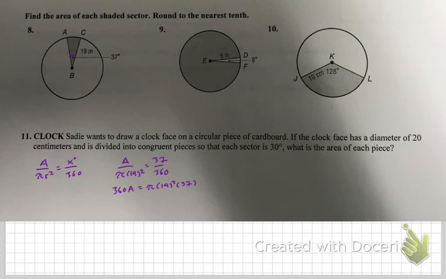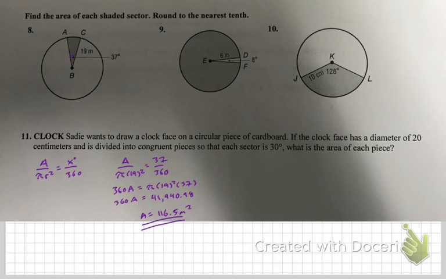So I'm going to get 41,940.98. Again, that's still equal to 360A. Then I'm going to take that number, divide it by 360 to get the A by itself. So A becomes 116.5 meters squared. Done. Okay.